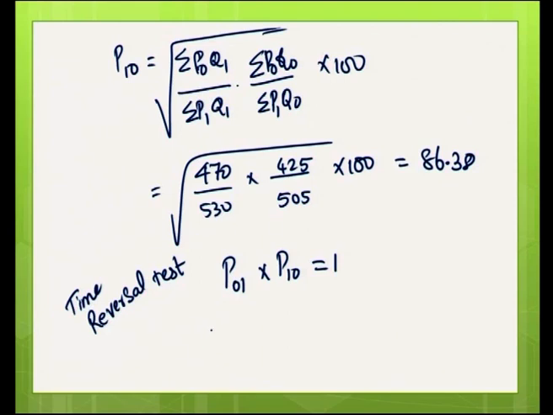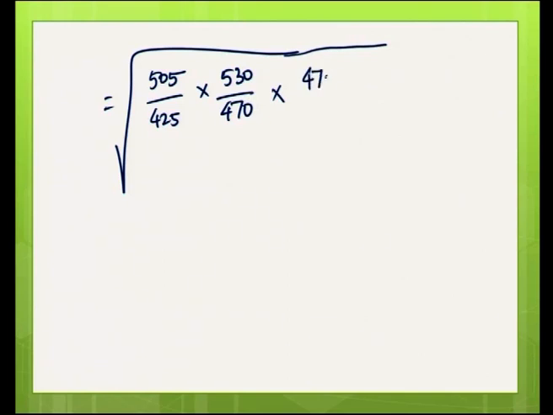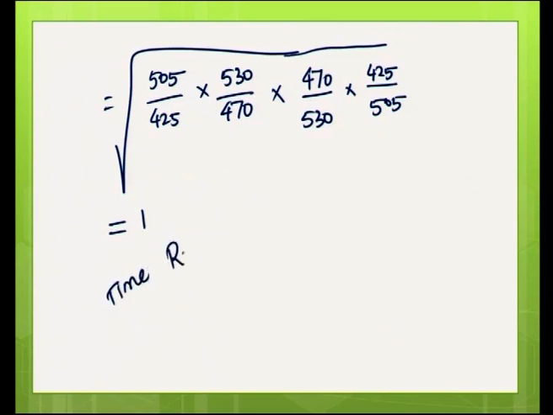We substitute the values: root of 505 by 425 into 530 by 470 into 100 has to be taken into account, so into 470 by 530 into 425 by 505. So, the answer is equal to 1. Therefore, the time reversal test is satisfied.